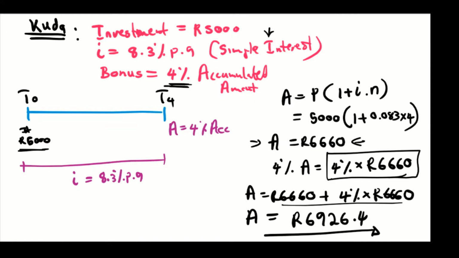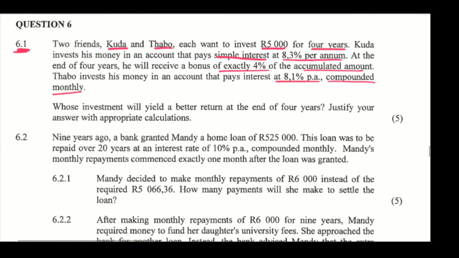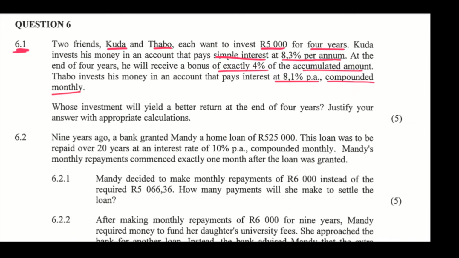So now let's look at the situation of Thabo. We know that Thabo invests 5,000 for a period of 4 years, and if we check here, Thabo uses an interest rate of 8.1% compounded monthly.